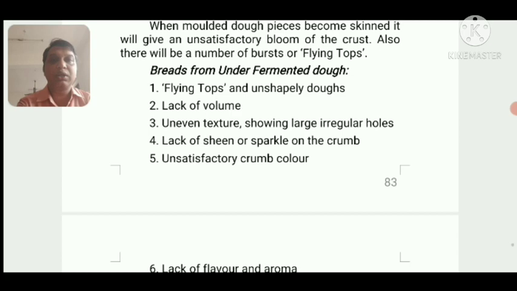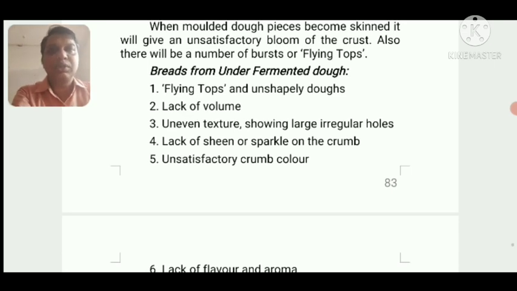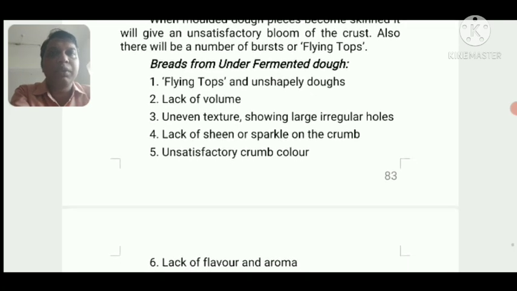Due to the unfermented dough, somewhere the fermentation is so poor that the proteins are not able to form the structure, and while baking it develops a crack or hole. Somewhere you will find a very dense texture, so dense that the dough looks like uncooked raw flour.